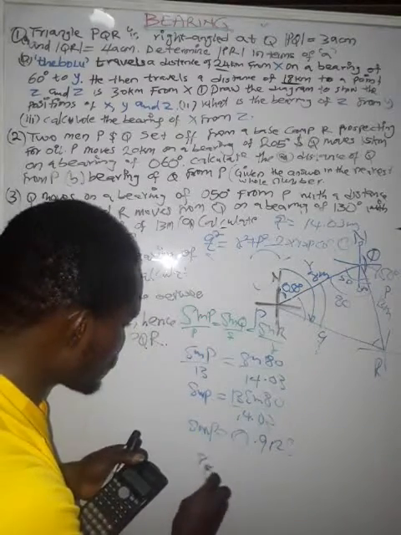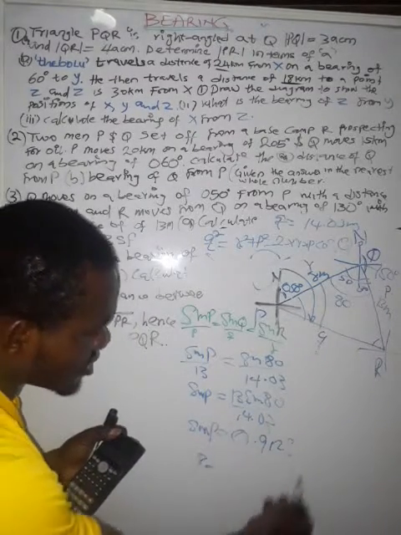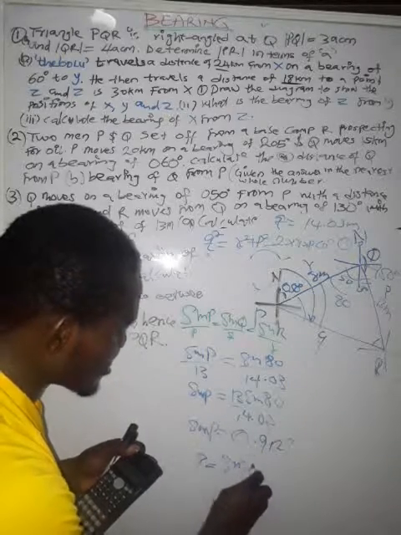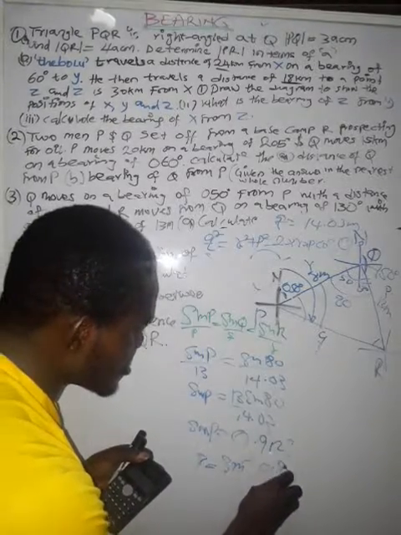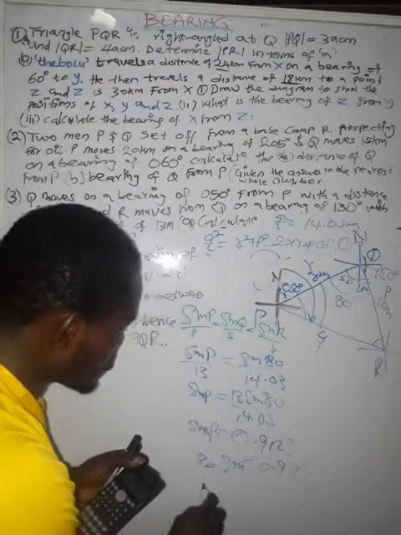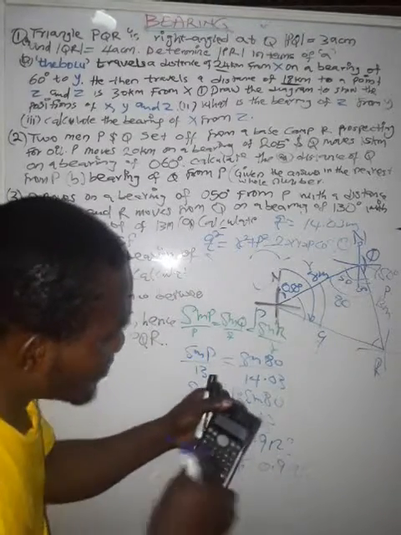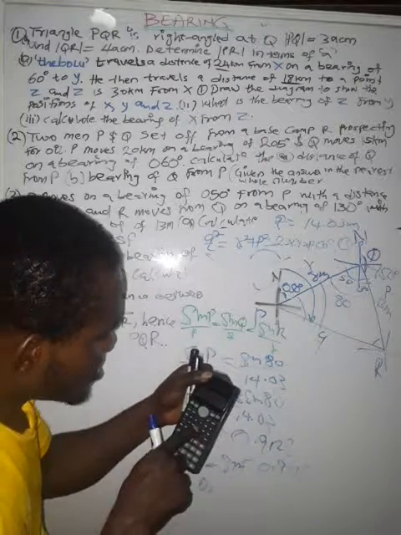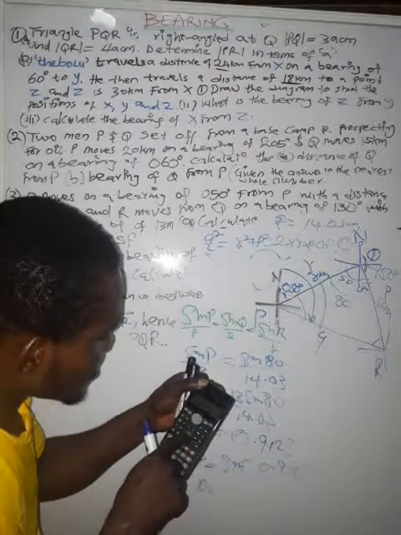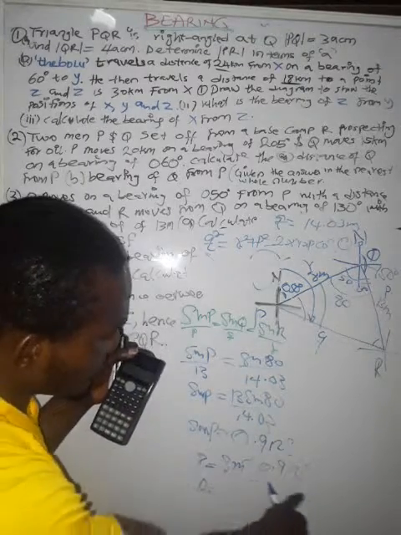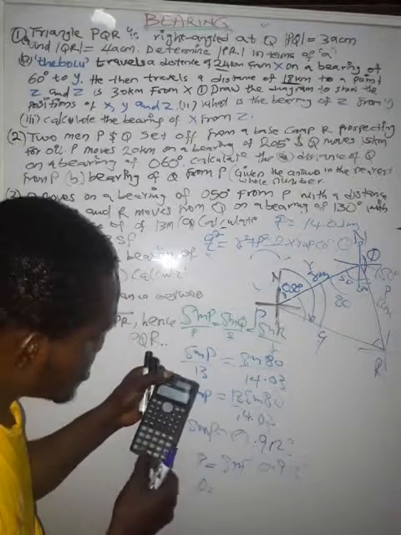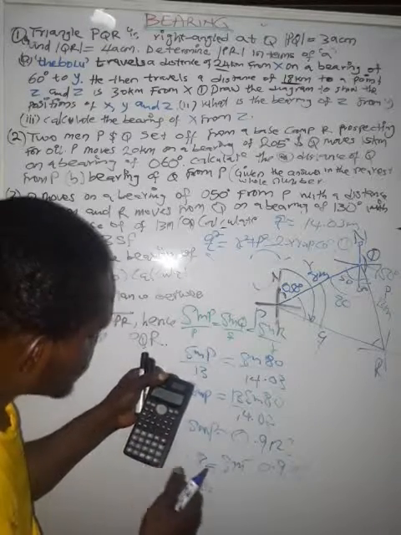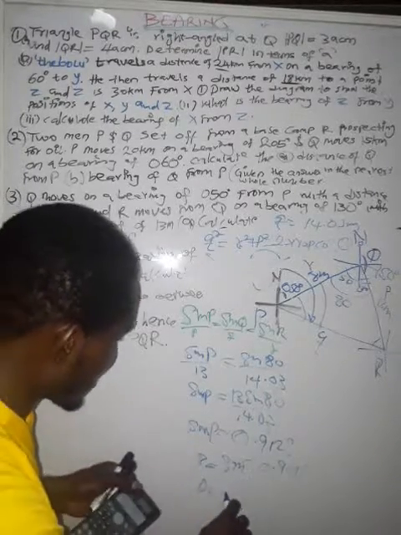Because I'm taking this sine to the other side, that is anti-sine, but we'll call it arc sine of 0.9125. Therefore P equals, I will press shift, sine, then put the number 0.9125 equals, that is 65.9 degrees.